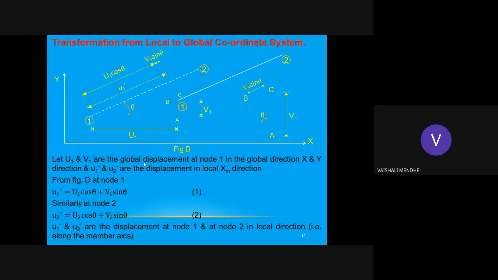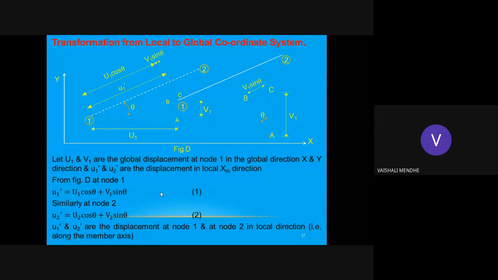That is not shown, but from this relation you can write it like this. So here you got equations 1 and 2. What is the meaning of this? The global displacement will be converted to the local, global to local or local to global.